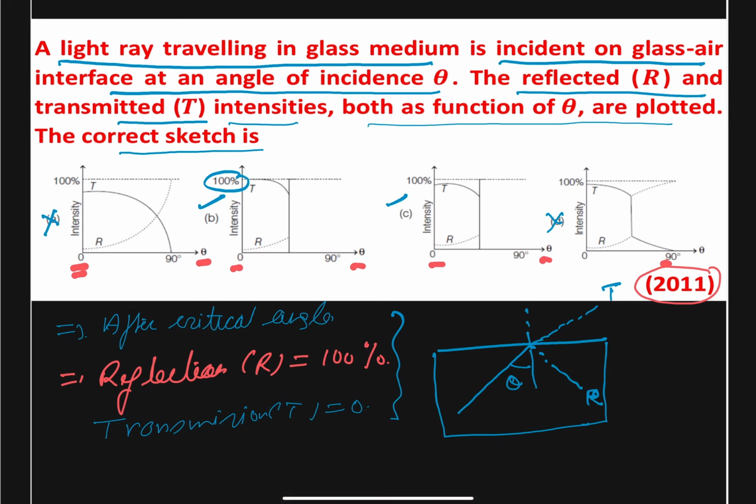Okay. And 100% transmission ideally is not feasible. There will be some portion which has to be reflected.